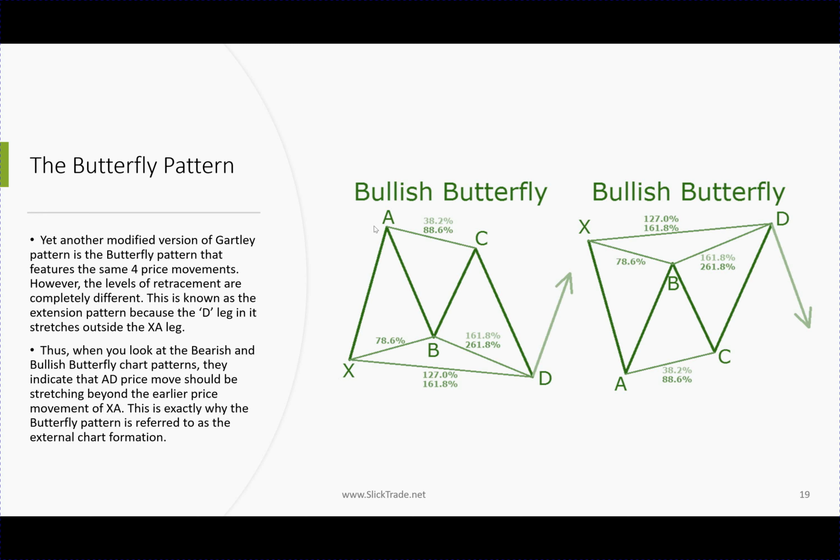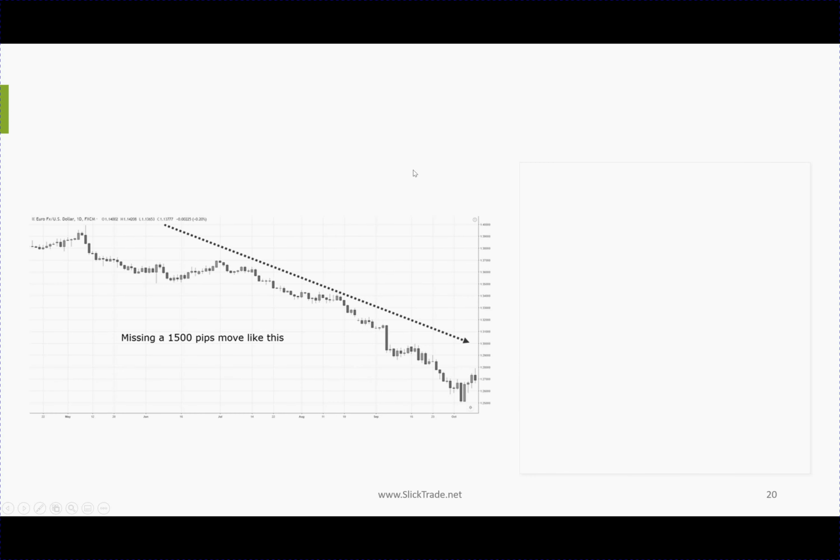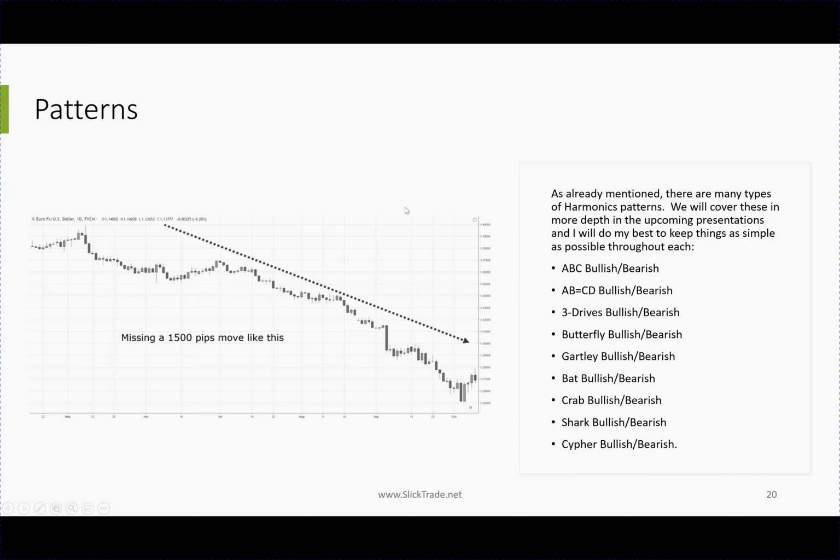That simply means, let's take a look here, AD, this is AD, should be stretching beyond XA. But we'll get into more depth. I'm going to break down each pattern for you in our upcoming presentations.